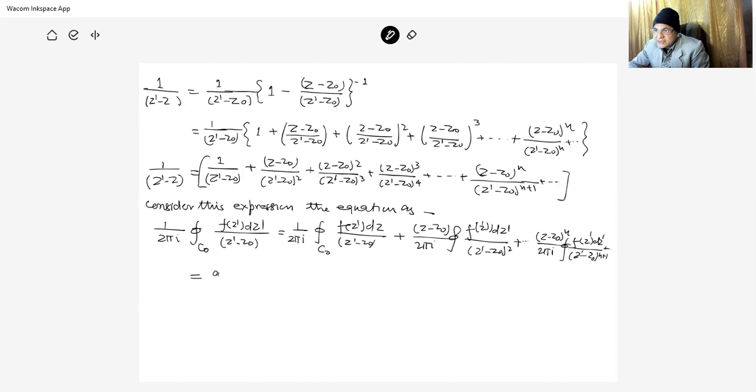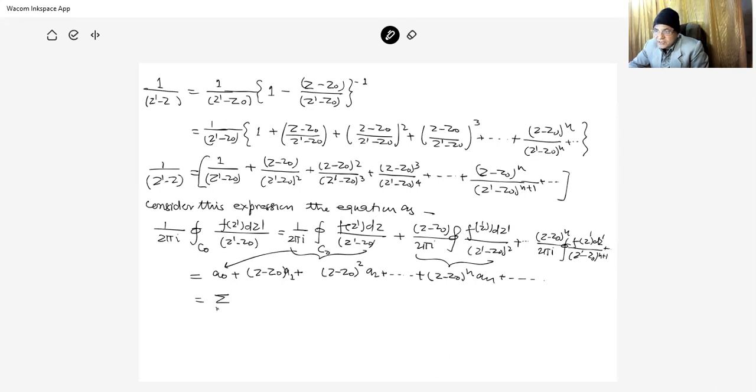This can be expressed as a0 plus a1 times z minus z0, plus a2 times z minus z0 squared, and so on, plus an times z minus z0 to the power n, plus so on.